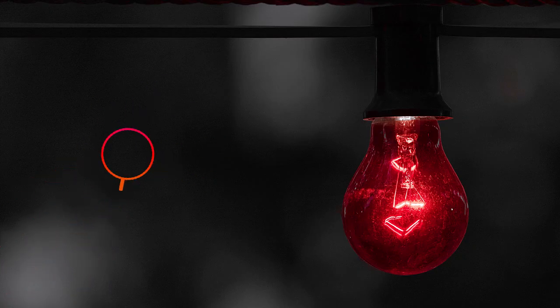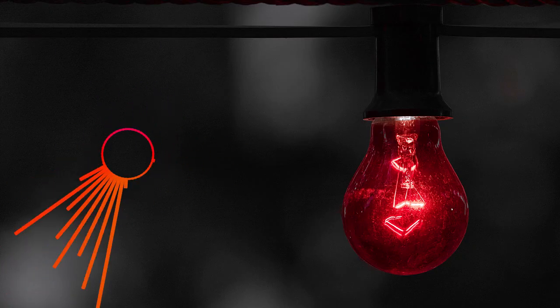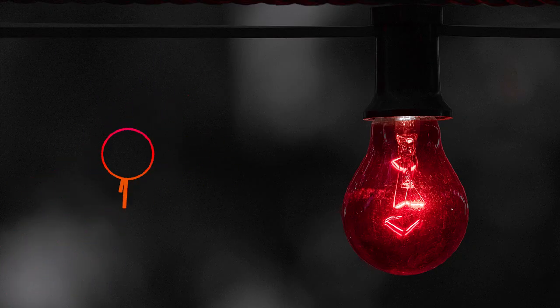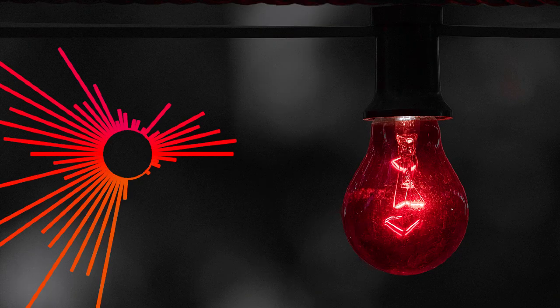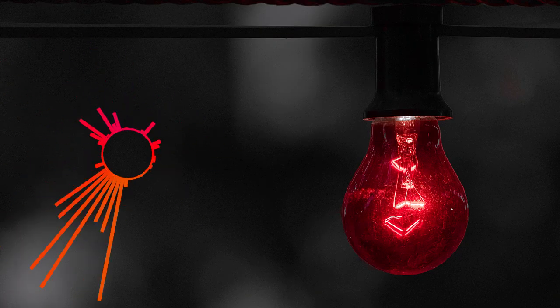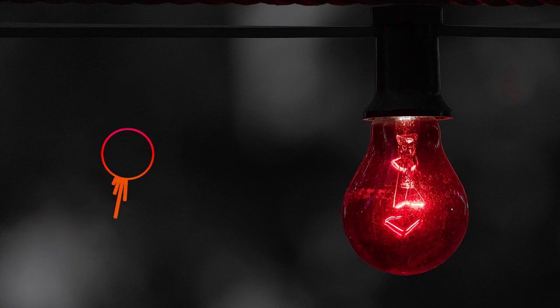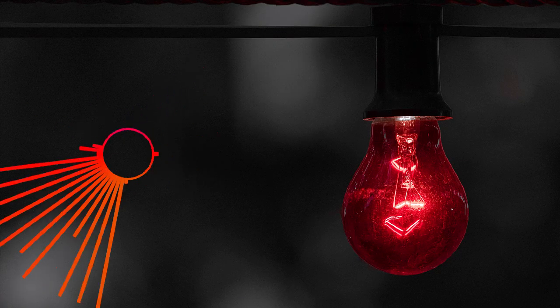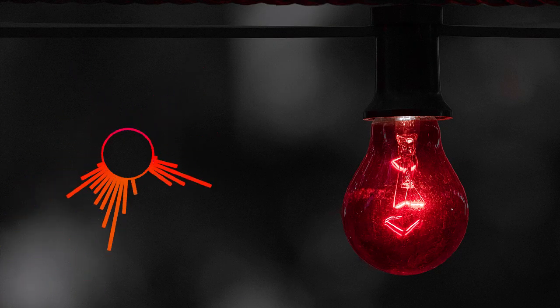Low voltage, safer to use in many applications. Minimal heat, safer and longer lasting. Highly reliable, fewer failures, especially in tough environments. No ultraviolet light, safe for art, fabrics, and sensitive materials.